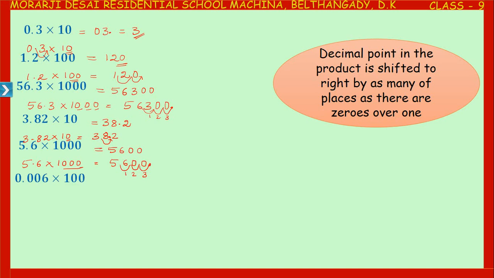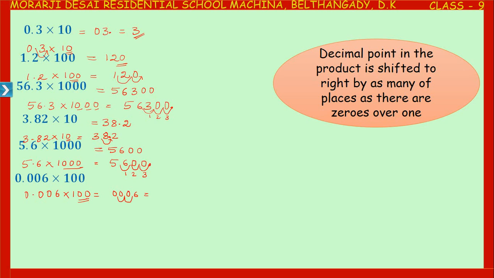Now the next question is 0.006 into 100. Write 0.006, remove the decimal point and write here. Now you have to move the point how many steps forward? That is two steps forward. Actually the point is here. Now move two steps, 1, 2.